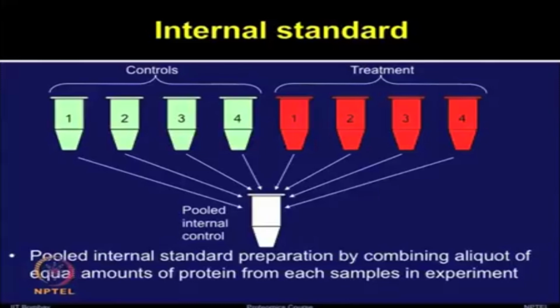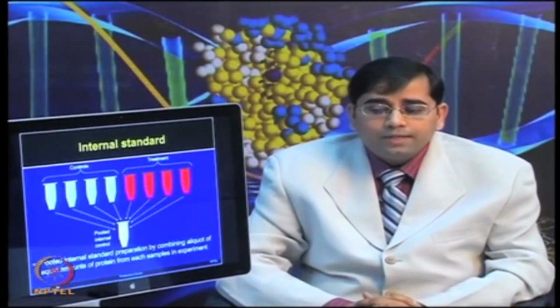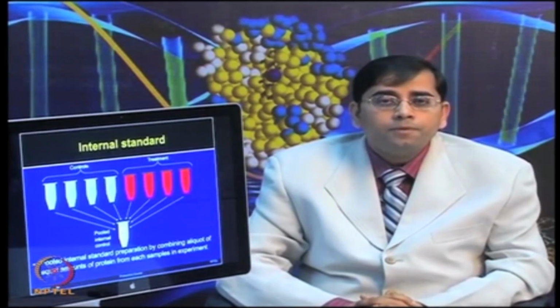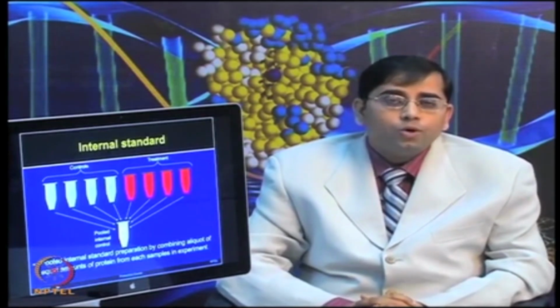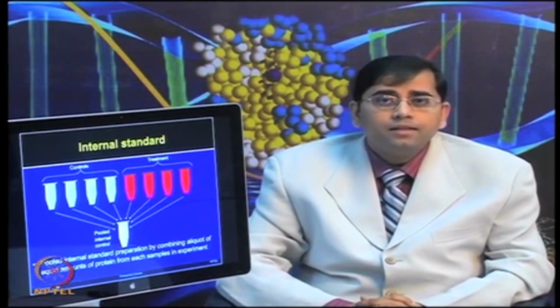So, you can take 25 microliter from each of these 8 samples and make it up to 200 microliter of one pooled sample, which is your internal pooled standard. This pooled standard preparation can be performed by combining aliquots of equal amount of protein from each sample in the given experiment.